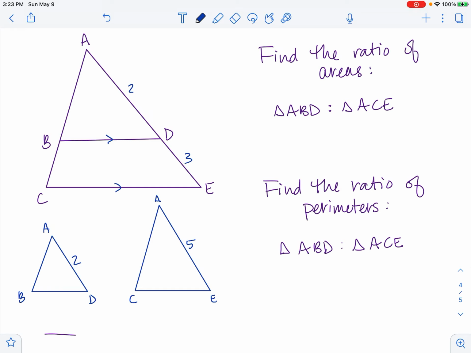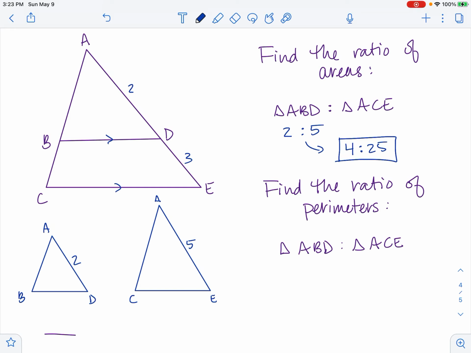Here, my ratio of my areas is going to be my scale factor squared. So my scale factor, ABD, is 2 to 5, which means that for the areas, I'm going to square my scale factor, so it's going to be 4 to 25.